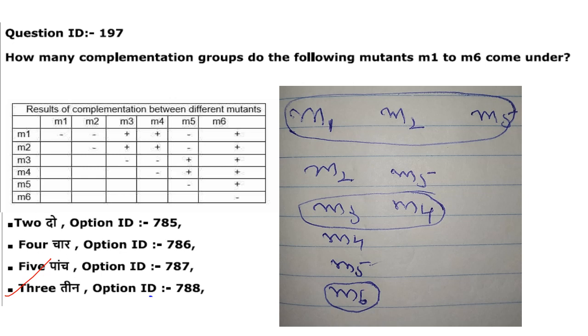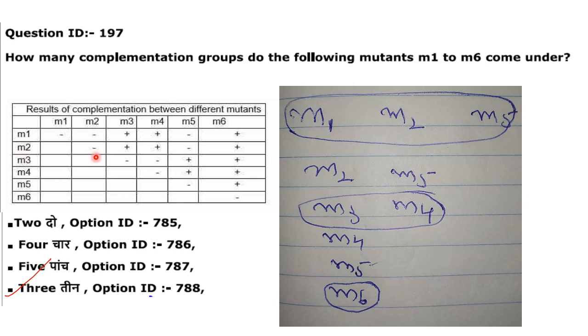Then next one. How many complementation groups do the following mutants M1 to M6 come under? First, those that do not complement each other, we place in one group. M1 does not complement, that is why they have given a minus mark. So M1, then M1, M2 and M1, M5. So M1, M2, M5 are in one group.